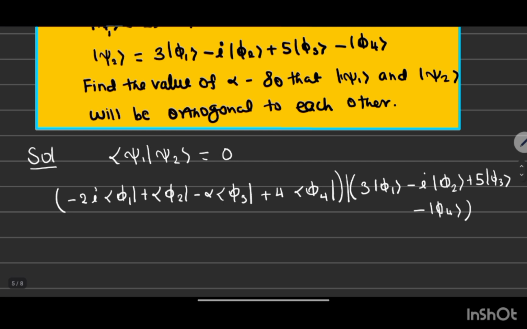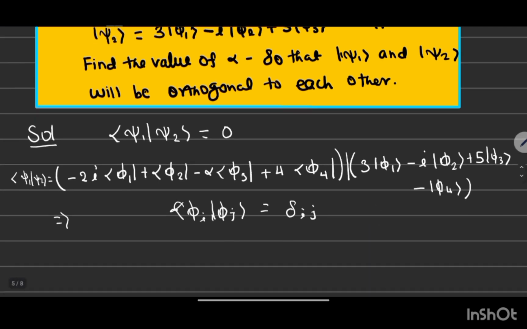Now what is the multiplication of these two? This is the scalar product of psi 1 and psi 2, which will be minus 2i times 3. We have to use the orthonormality condition that bra phi i ket phi j equals delta ij, since the base vectors are orthonormal.